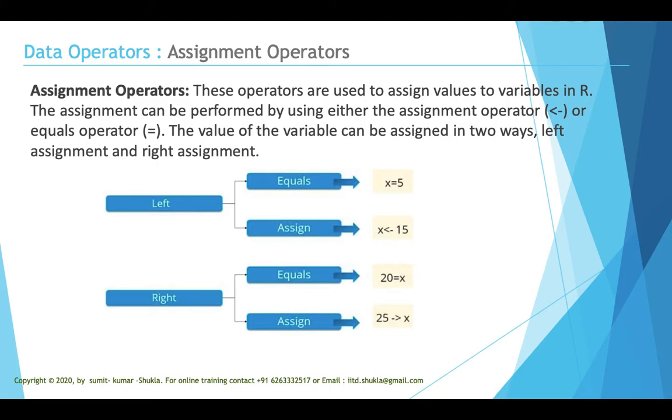You can create variables with assignment. We have shown how we can assign a variable. So these are the operators basically used to assign values to variables in R, with equals to, left operand, right operand, and so on.